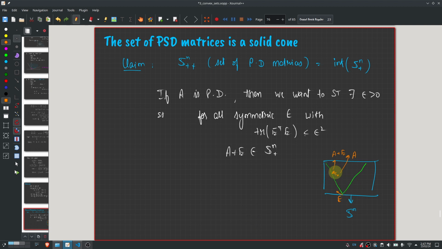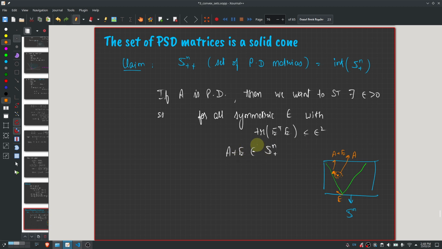So no matter which A plus E I take, as long as it is within a certain distance of A, as long as it's not too far away from A, A plus E will always be a positive semi-definite matrix. Right? That is what we want to show. Okay, is that clear? Great.